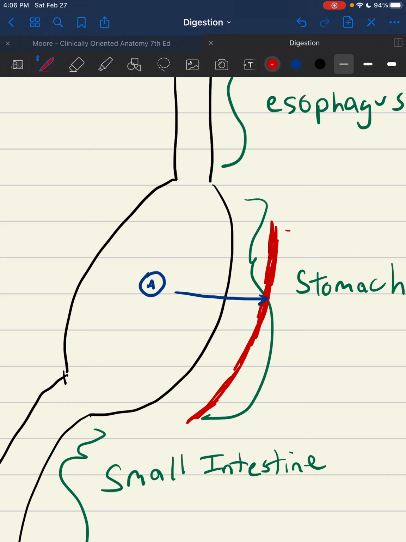The red part here is the bloodstream. Once any medication reaches the bloodstream, it is essentially going to reach its destination to make its effect. Remember, the bloodstream is kind of like a highway. It's like a road. Okay.